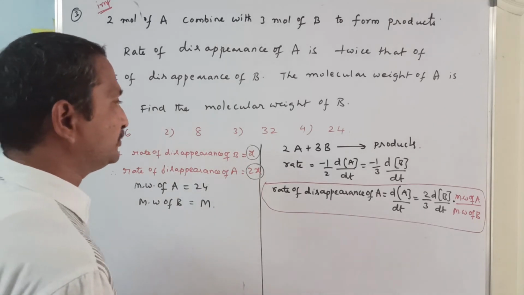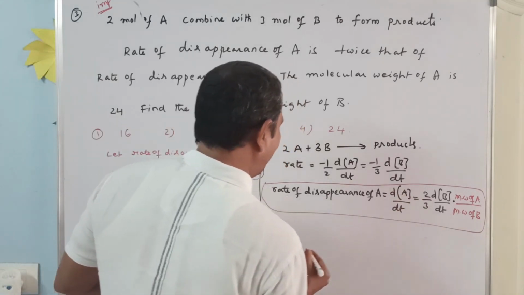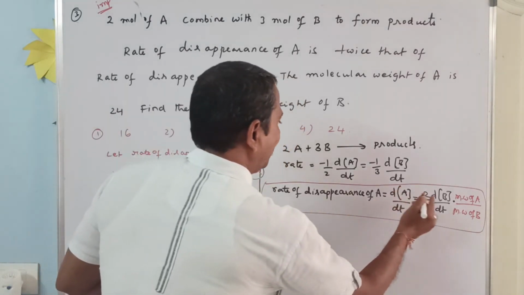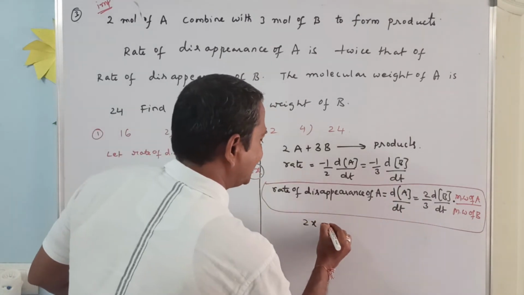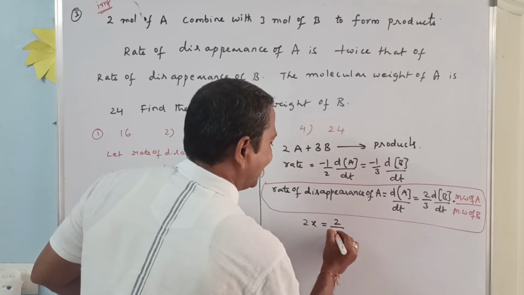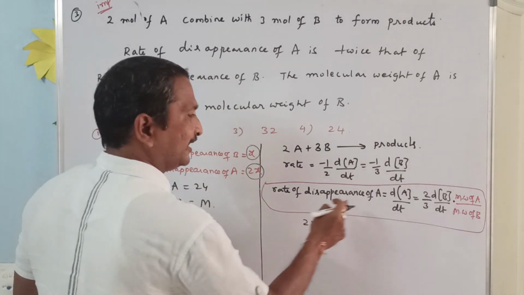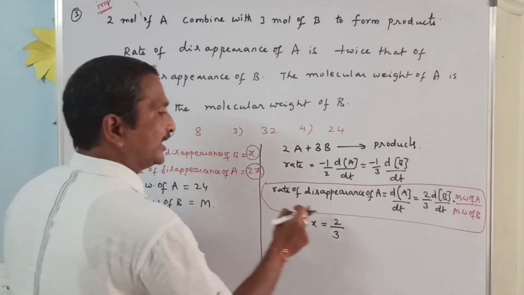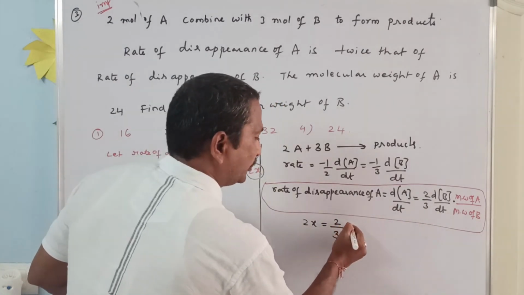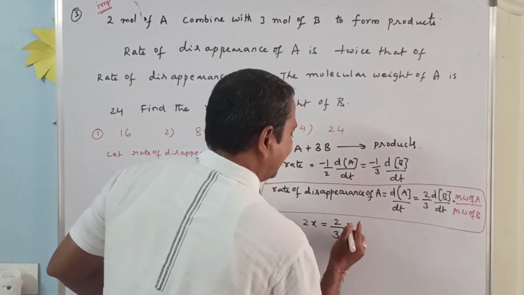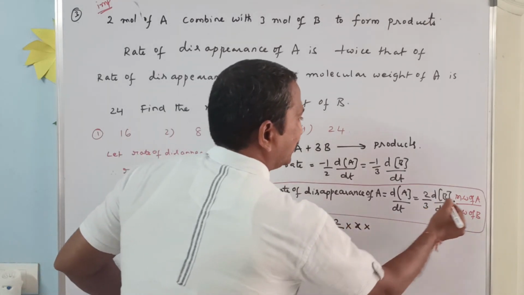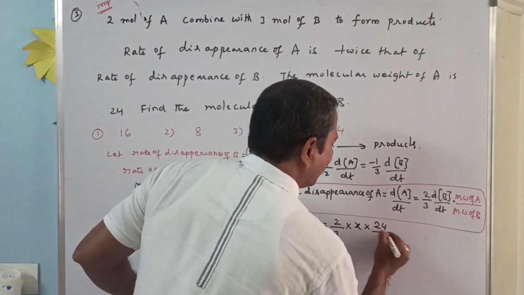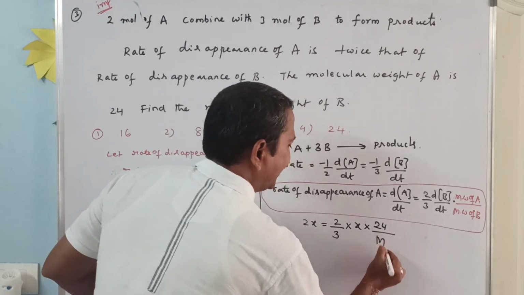Clear all of you? Substituting. D of A by dt value, tell me, how much? 2x. That is equal to 2 by 3. Watch carefully. d of A by dt is 2x. 2 by 3 into d of B by dt, how much? x, into molecular weight of A, 24, by molecular weight of B, m.